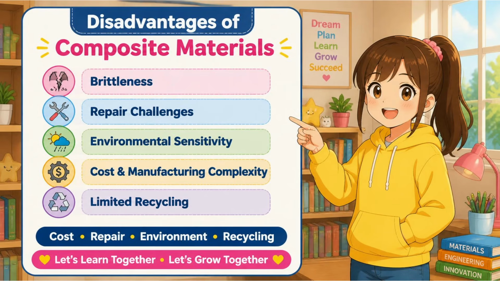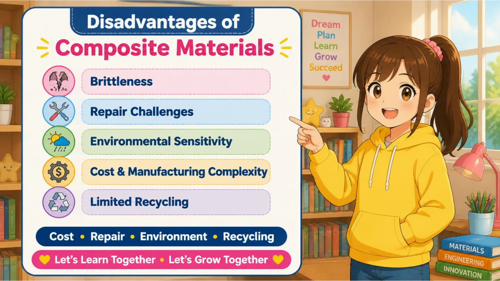The last one is limited recycling. This is a major challenge, especially for thermoset composites, because the polymer matrix is cross-linked and cannot simply be melted and reshaped like a thermoplastic. So recycling and end-of-life disposal can be very difficult. Another such behavior is anisotropic behavior.